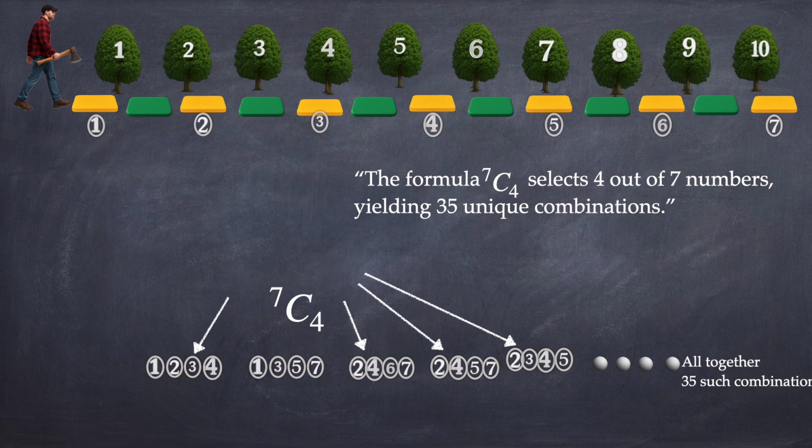The validity of this selection process will now be confirmed, which means each of these combinations precisely identifies a unique set of 4 trees selected from the original list of 10 that are designated to be cut. We will soon verify these specific selections in detail.